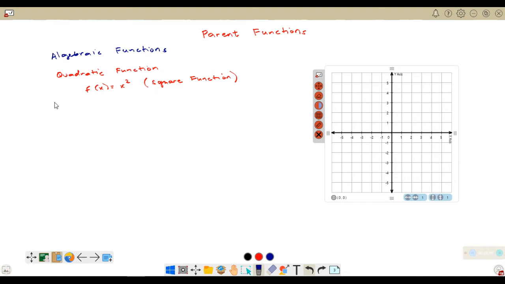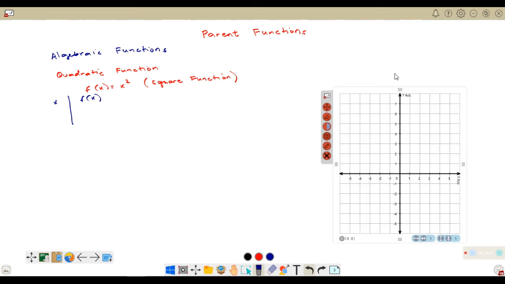Gawa ulit tayo dito ng table. So, we have x, f of x. Palalakihin ko lang dito si Cartesian plane para madali tayo makapag-graph later on. Yan. So, start ako sa negative 3, negative 2, negative 1, 0, 1, 2, 3. Ayan. Kasi limited lang tayo sa space.